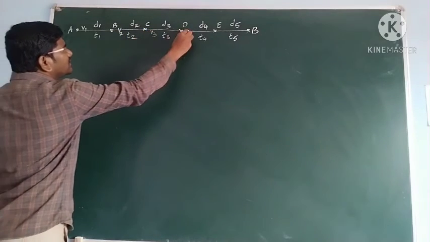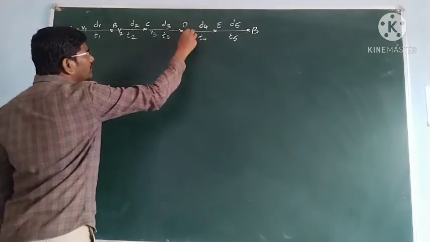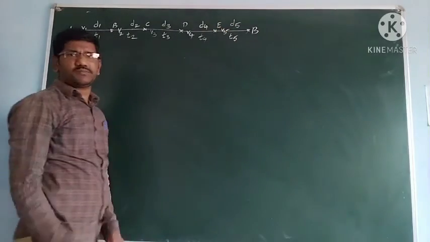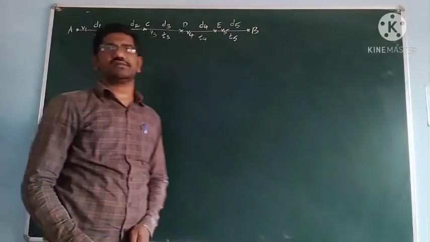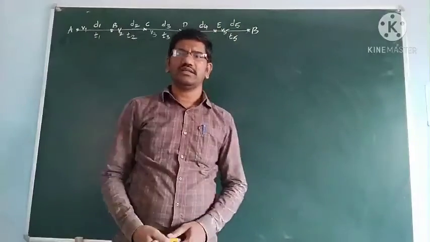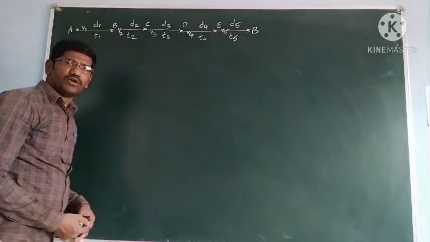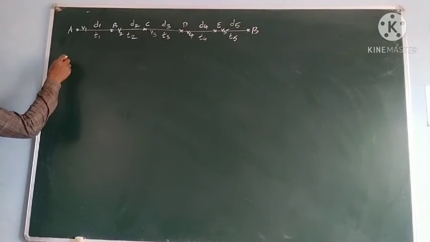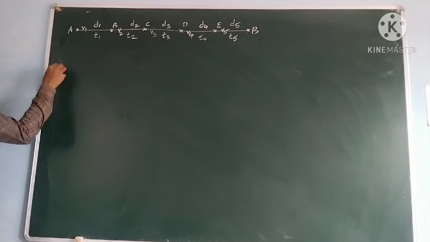Here is V3, V4, and V5: different speeds, different distances, different times. Then we are asking the average speed in this journey.